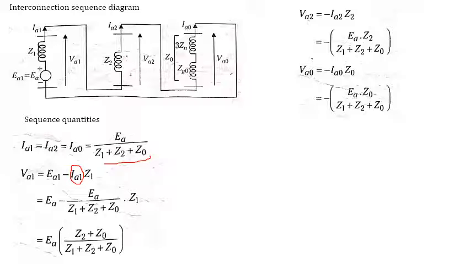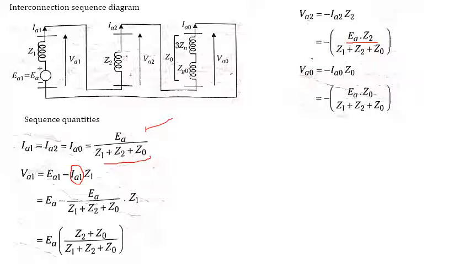Similarly, we calculate the value of VA2. VA2 is IA2 Z2, and IA2 is EA divided by Z1 plus Z2 plus Z0, multiplied by Z2. So the equation becomes EA multiplied by Z2 divided by Z1 plus Z2 plus Z0.